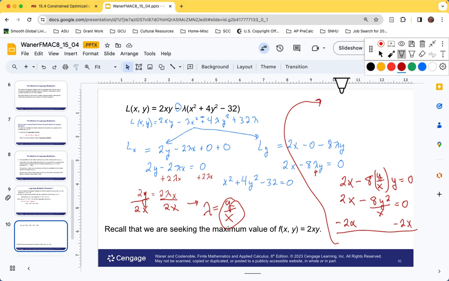That gives us negative 8y squared over x equals negative 2x. Multiply both sides by negative x. Gives us 8y squared equals 2x squared.